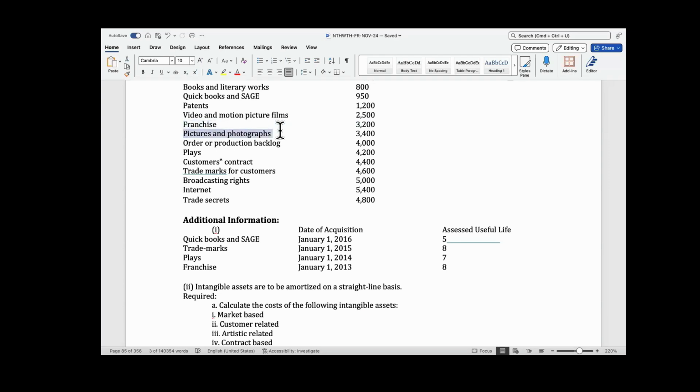Artistic. What about order or production backlog? Customer related, yes, we can take that. What about plays? Artistic. What about customer contracts? Contract based or customer related.